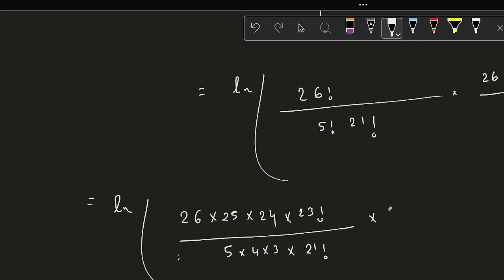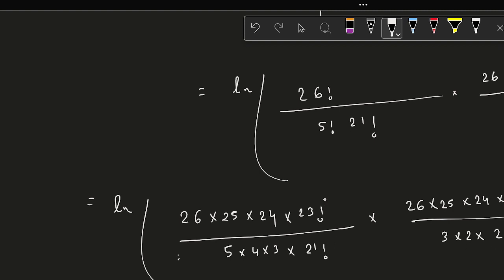And then again this 26 factorial on the other side can also be written as 26 into 25 into 24 into 23 into 22 into 21 factorial, divided by 3 factorial, which is 3 into 2, into this 23 factorial.